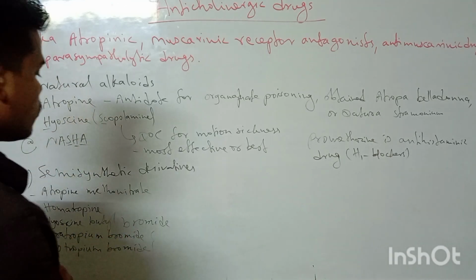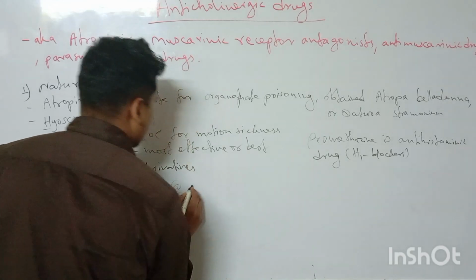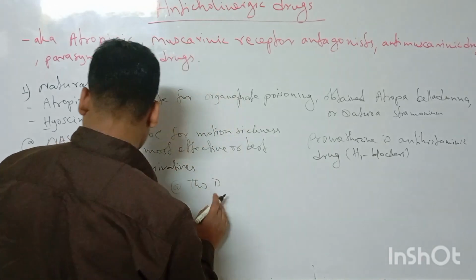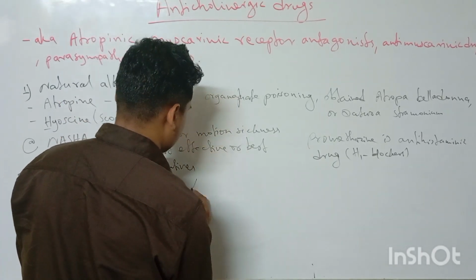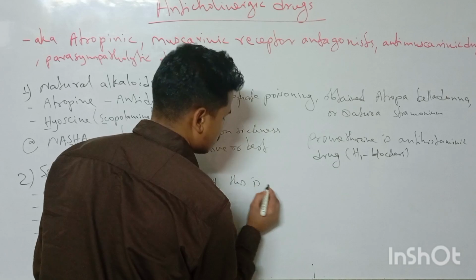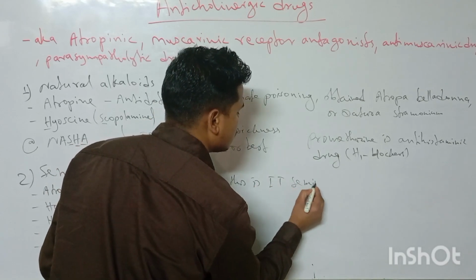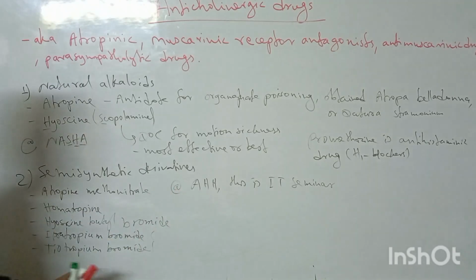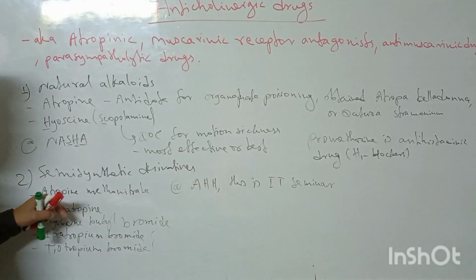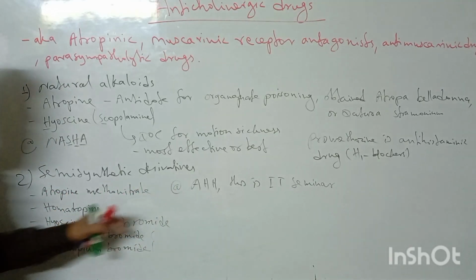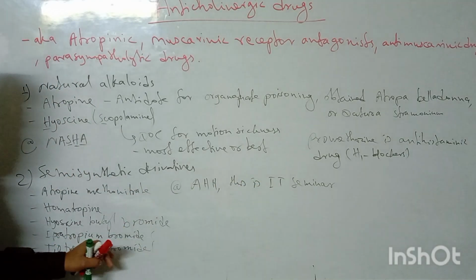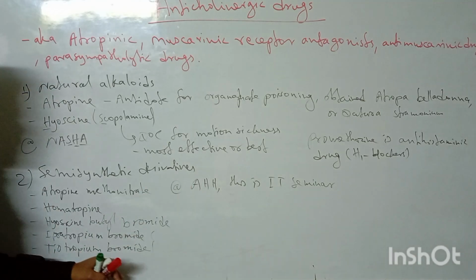Please remember a short mnemonic here also: it is ATHIT seminar, that is, A stands for atropine methonitrate, H for homatropine, another H for hyoscine butyl bromide, I stands for ipratropium bromide, and T stands for tiotropium bromide.